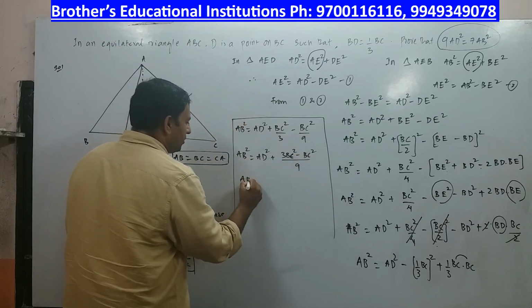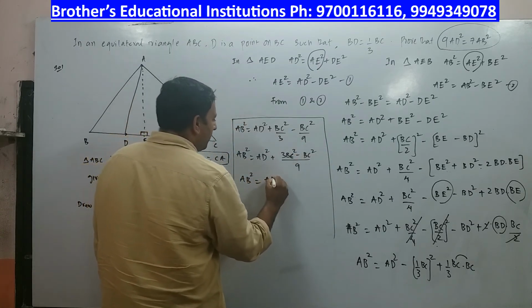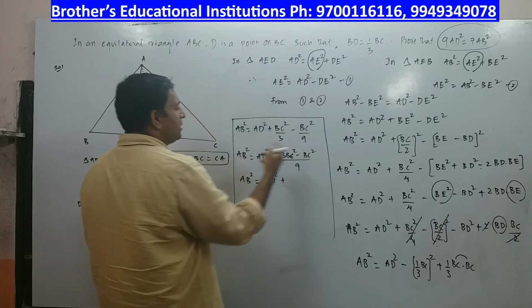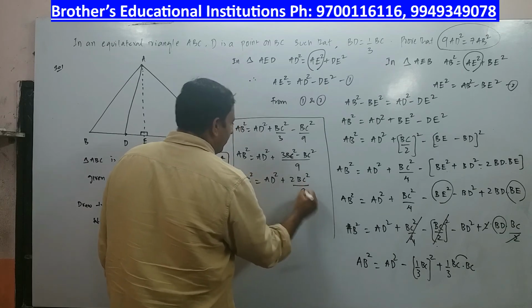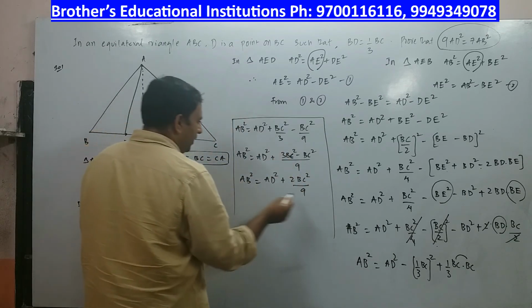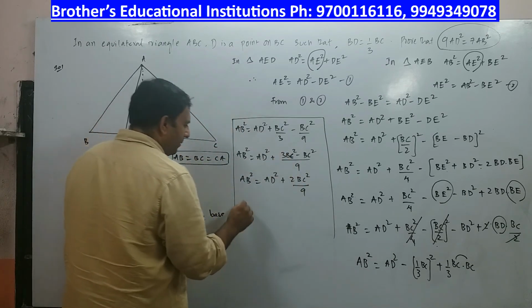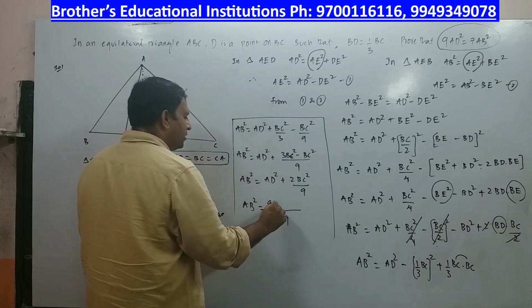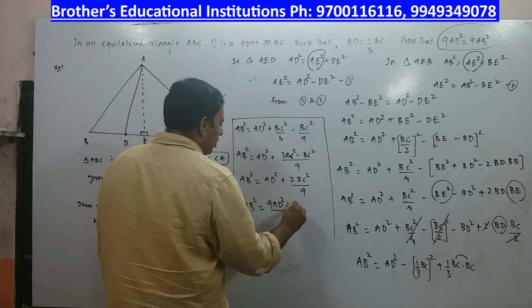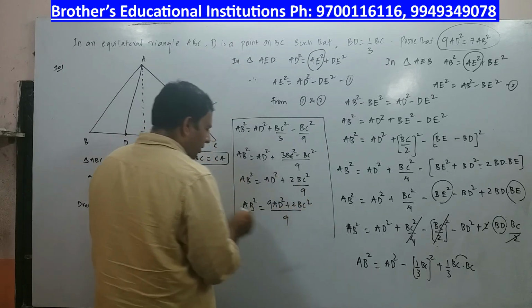So AB square is equal to AD square plus 3 BC square minus BC square, which will be 2 BC square by 9. Now you cross multiply. When you cross multiply, what will happen? You will write this as 9AB square, LCM is how much? 9. 9 into AD square is 9 AD square plus what you have? 2 BC square.